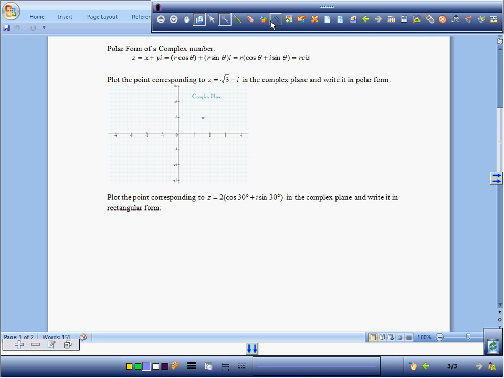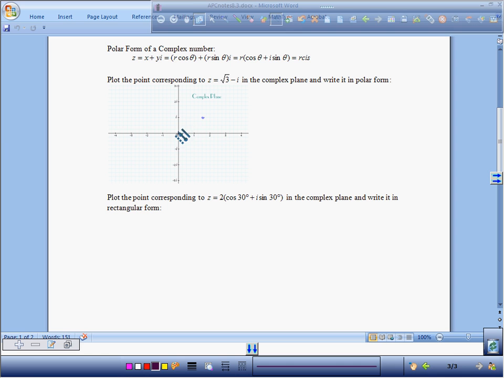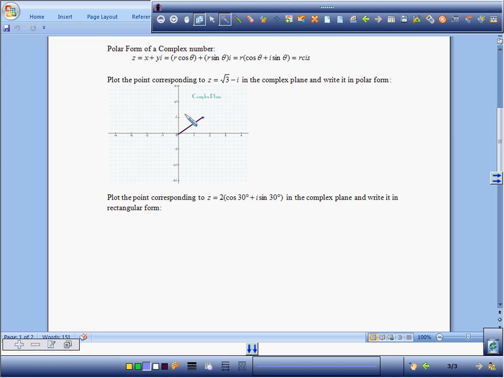So maybe something that looks like this, radius is 2, and this angle is 30 degrees, and this is the point you're talking about right there. And to write it in rectangular form, all you do is multiply this stuff out.